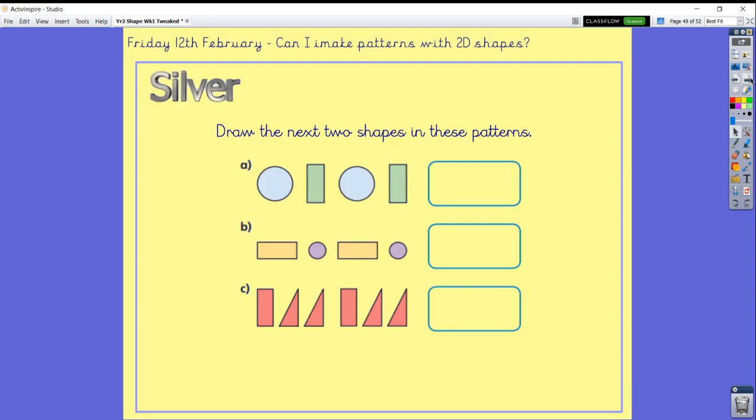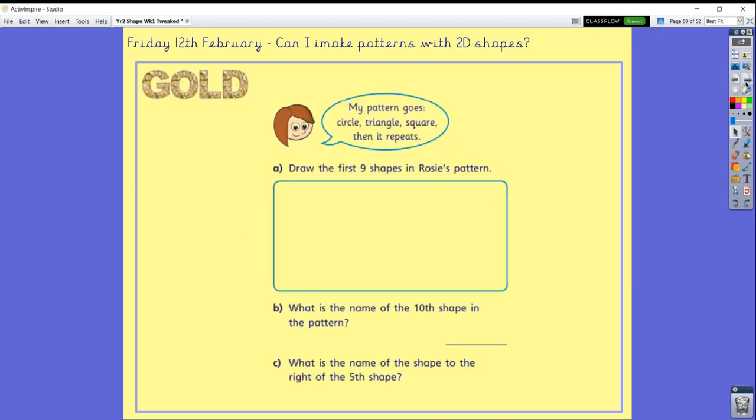Okay, so straight into our activities then. Really easy to start with. You need to spot the pattern and can you draw the next 2 shapes in it? We have then got a question here where it says my pattern goes circle, triangle, square, and it keeps repeating. So can you draw the first 9 shapes in Rosie's pattern?